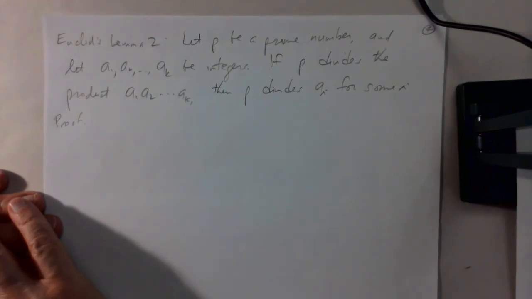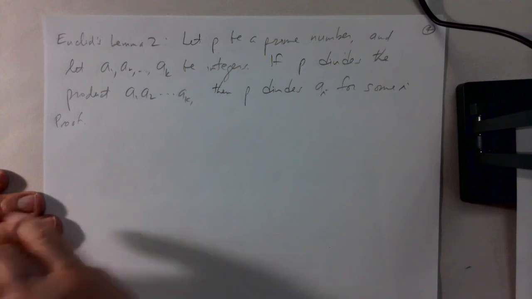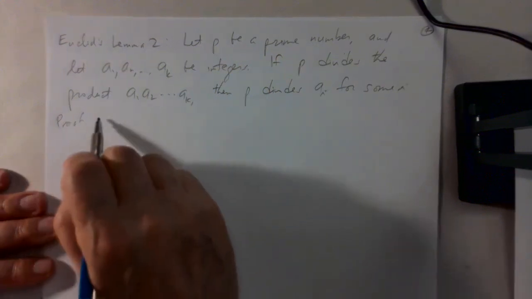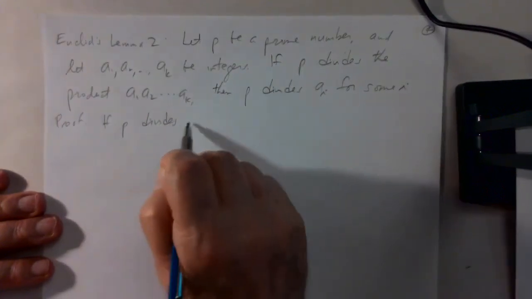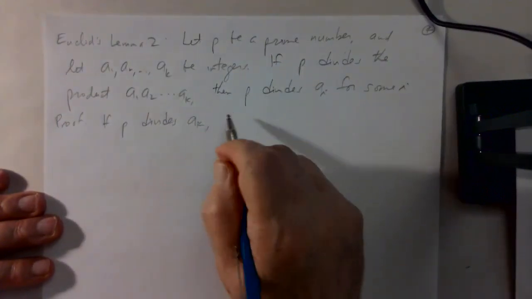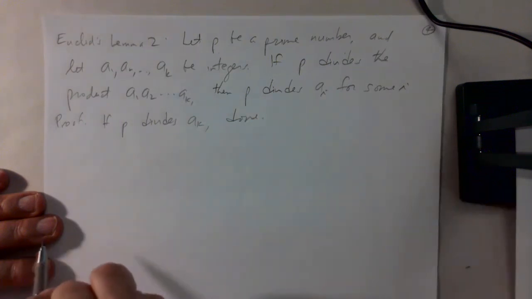Okay, well, what is the proof? So we can say if p divides the number a sub k, we're done.